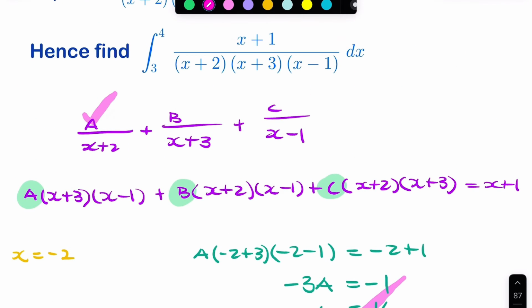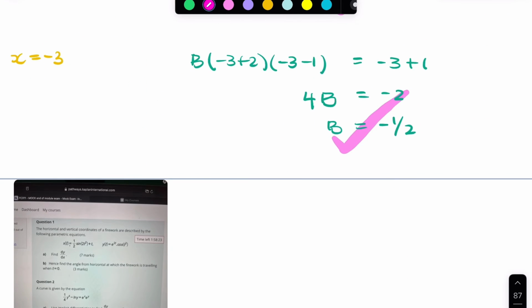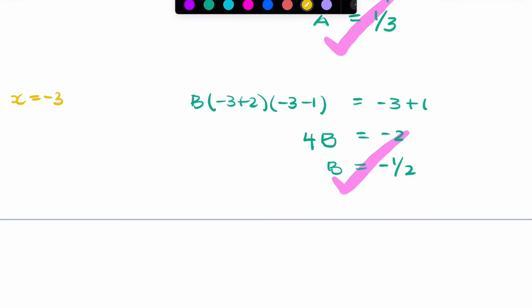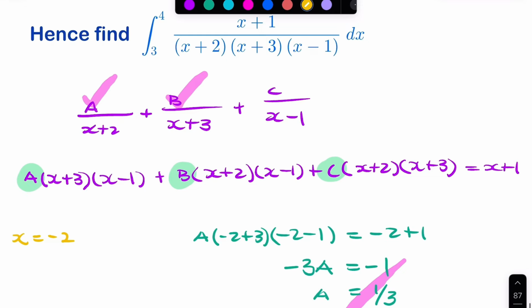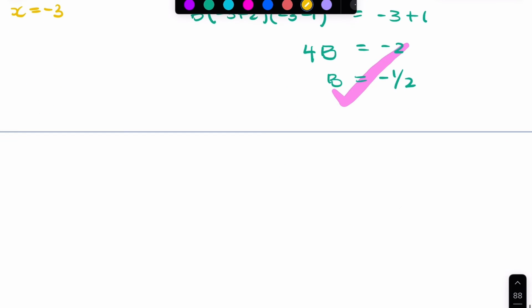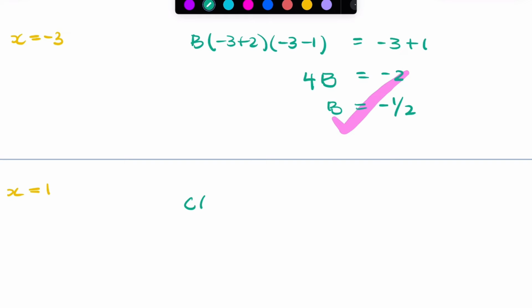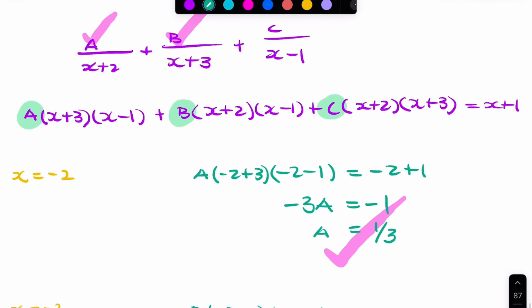I found b. And we do exactly the same to find c. In this case, to find c, I'll take x equals 1, because that will then be 0, and I can forget about all of these. So I'm going to take x equals 1. Then I have c multiplied by (x plus 2)(x plus 3).